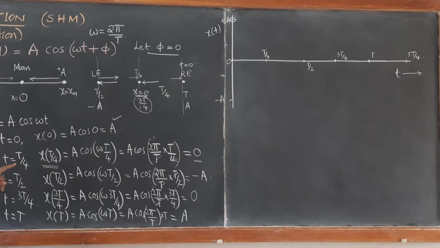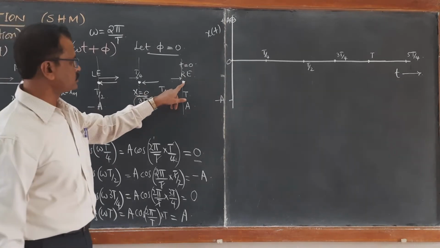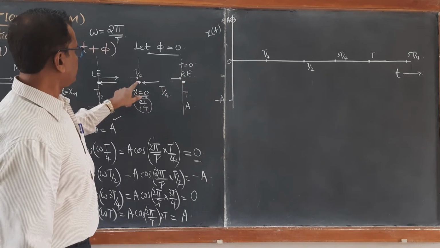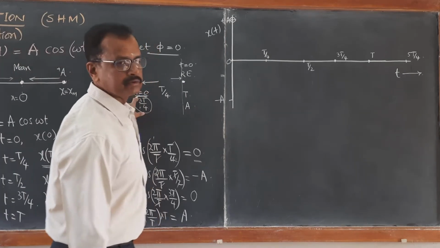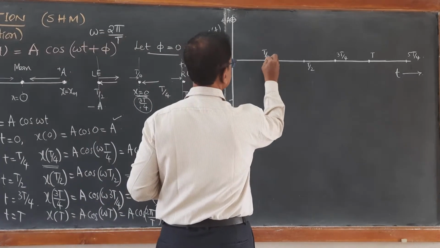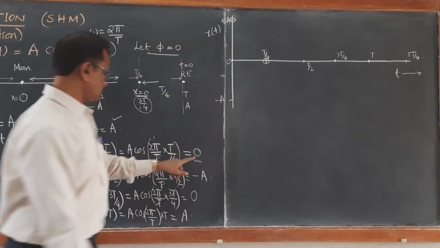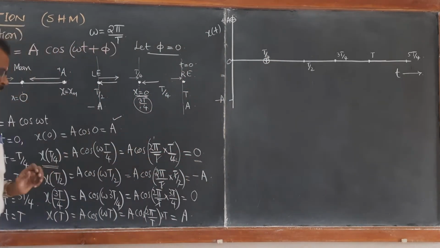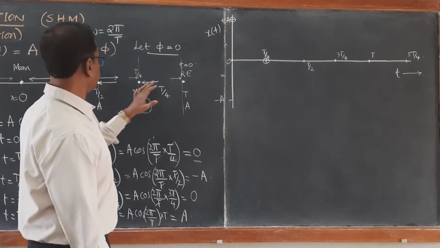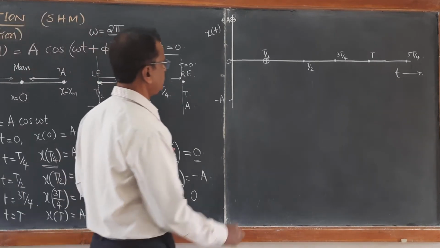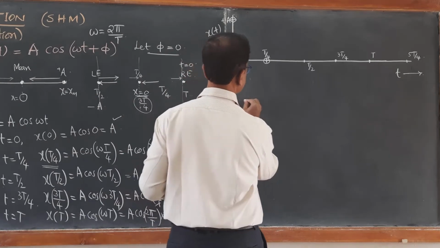Then at time t equal to T/4, you see the particle is at x equal to 0. So at T/4, the particle is at x equal to 0. Then at time T/2, half time period, it will be at the left extreme position.